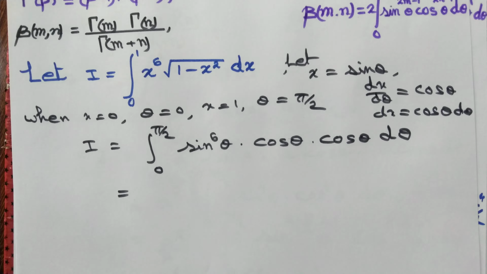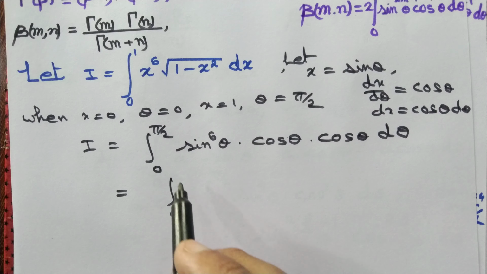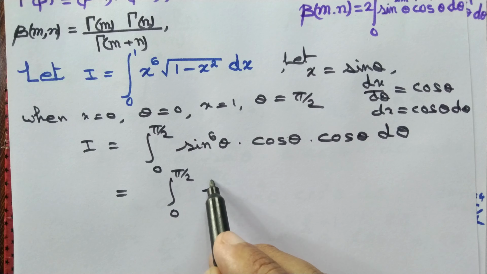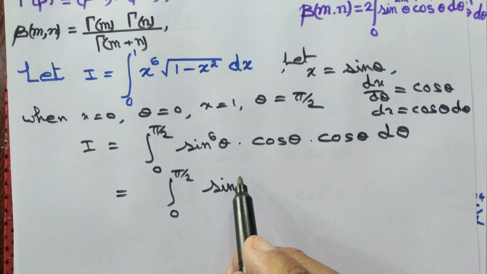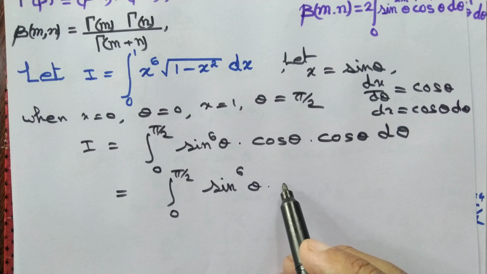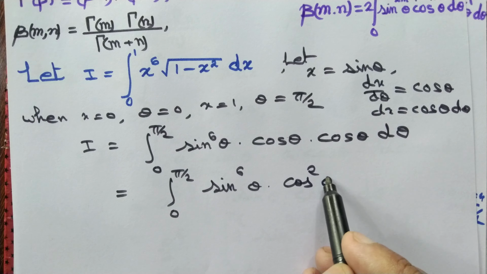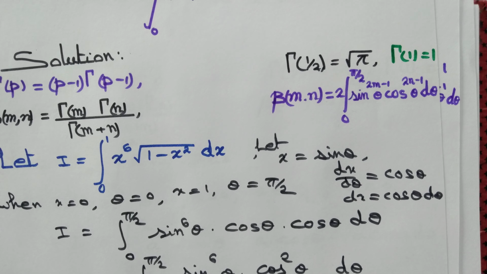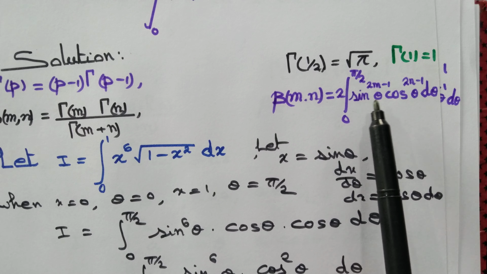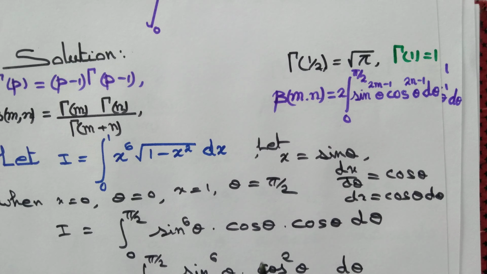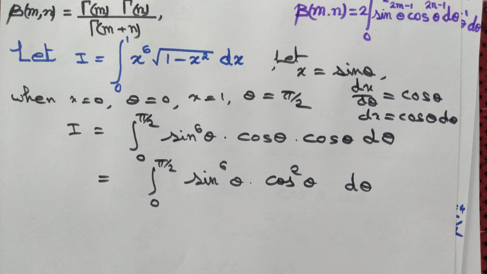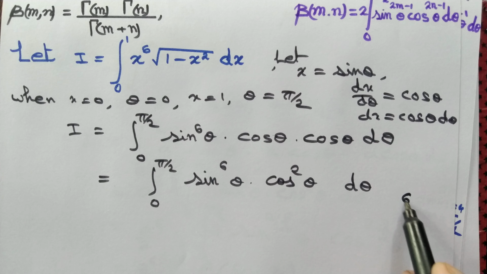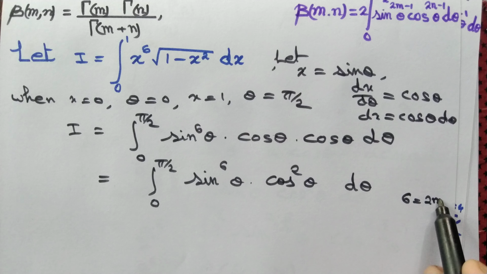Now, we can simplify it and write it as integral 0 to pi by 2 sine to the power 6 theta times cos square theta d theta. Somehow we want to use this identity sine to the power twice m minus 1. So, we want 6 to be equal to twice m minus 1.